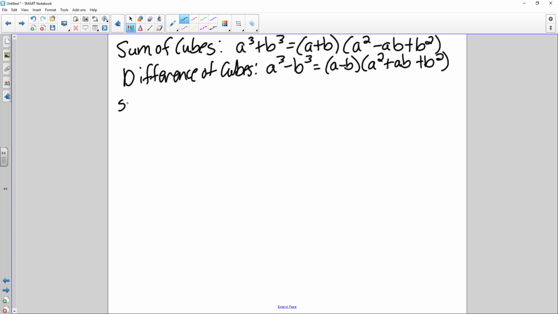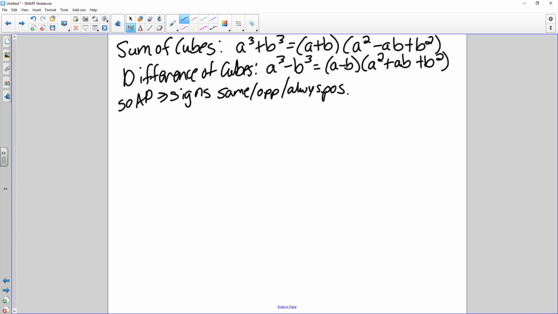A mnemonic device used to remember the signs of this, it only tells you what the signs are. It says that the signs are the same, opposite, and then always positive.